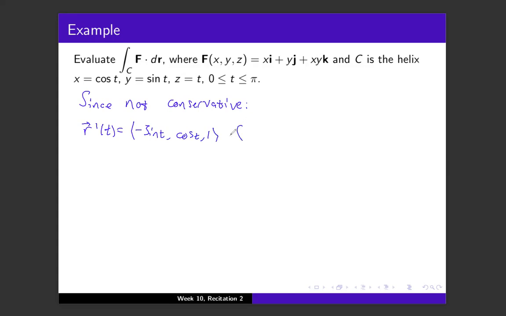cosine t, 1, and F of r of t is cosine t, sine of t, sine t cosine t.